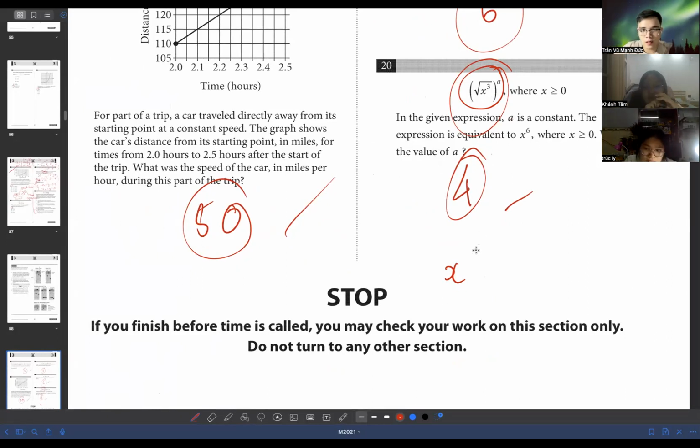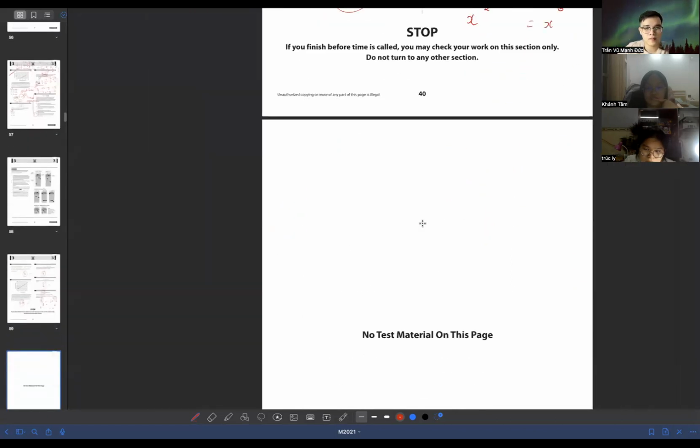For example, this will become 3/2 times a, right? So this will be quite easier to visualize, right? This will be x to the power of 6. So 3/2a equals 6. This will be 4. All right. Just a quick reminder.